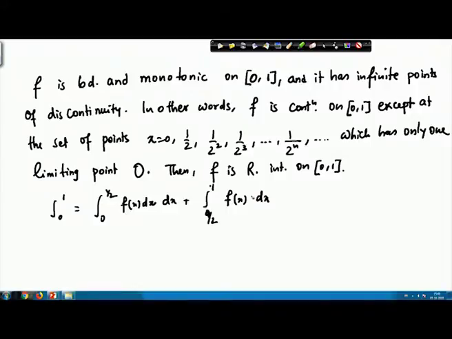So what we do here is we now write this as the integral from half to 1 of f(x) dx.